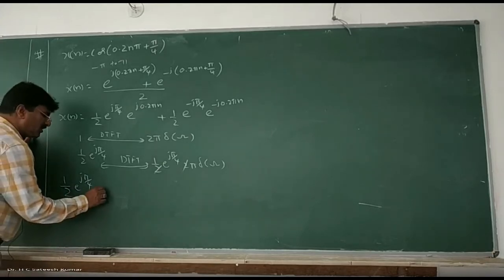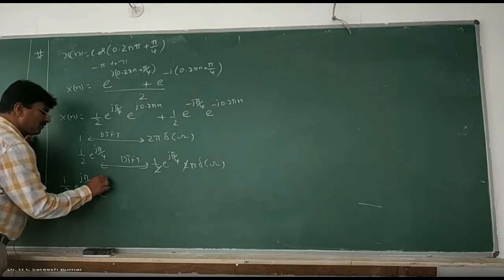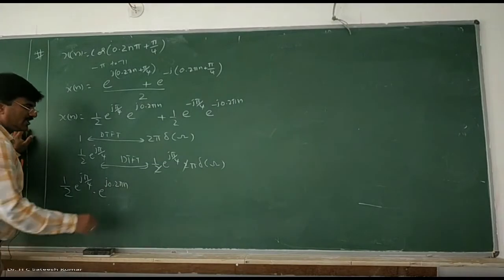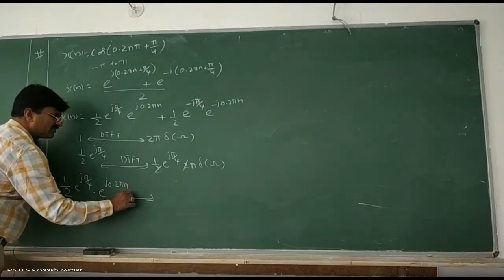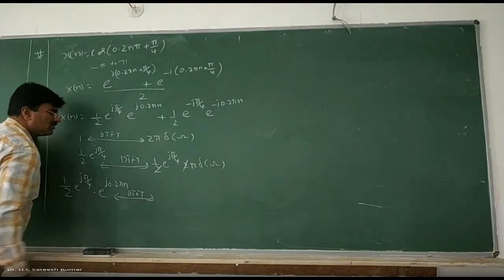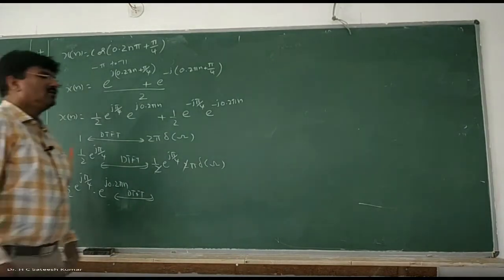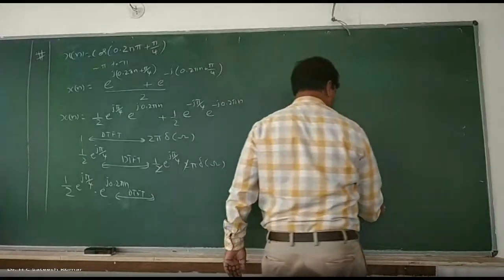e to the power of j 0.2 pi n has a DTFT. Use the time shift property. If you use the time shift property, what do we have? The time shift property or frequency shift property.